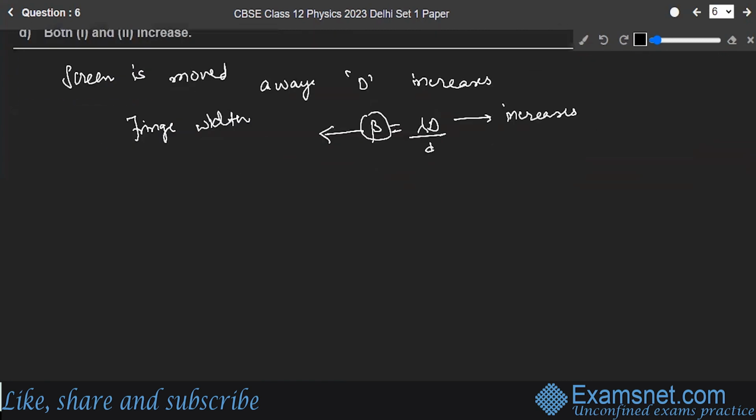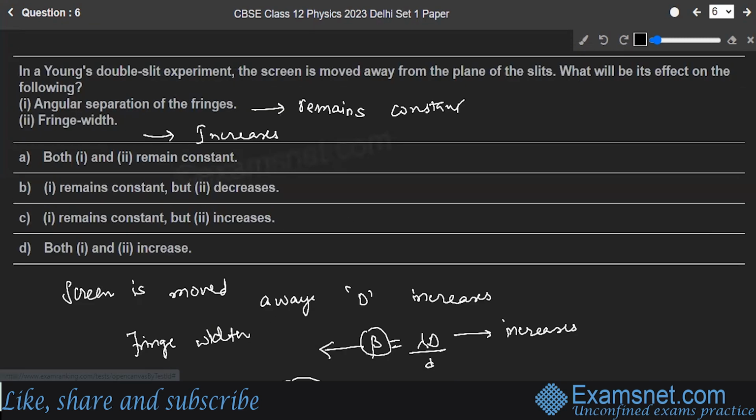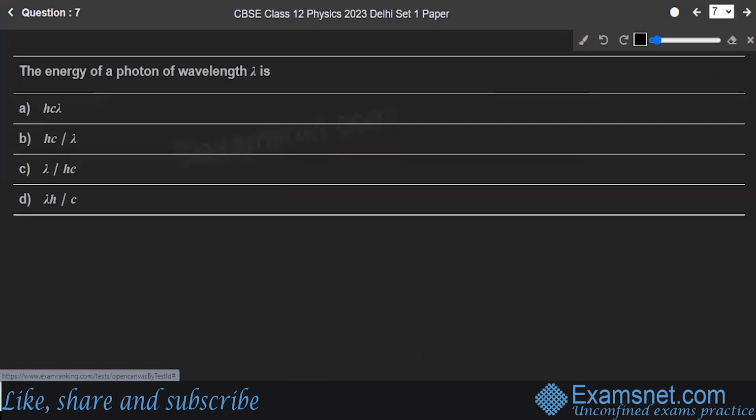And the angular separation, which is given by lambda upon small d, remains the same. Now, is it clear? So you have option C as the answer. 1 remains constant, whereas 2 increases. So option C is the right answer. Next is question number 7.